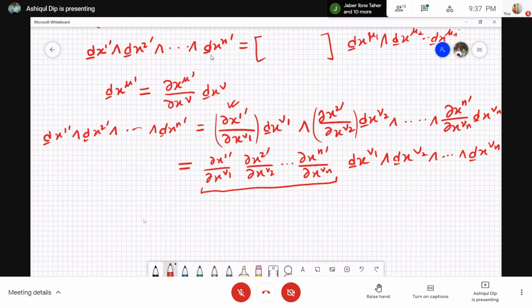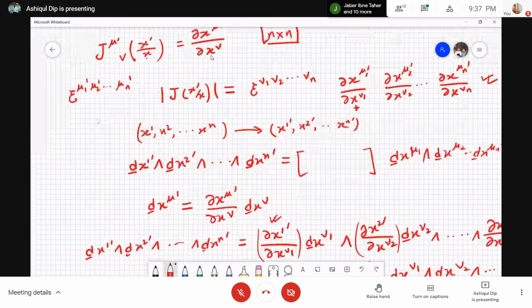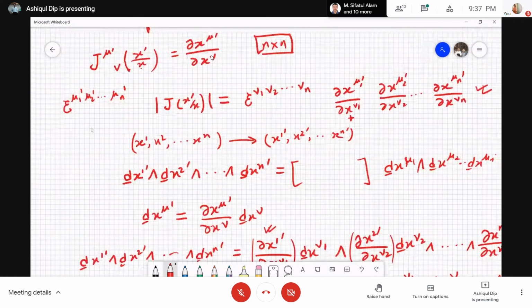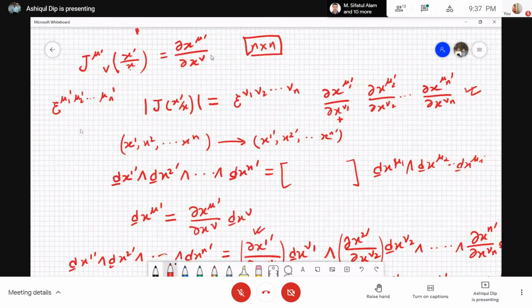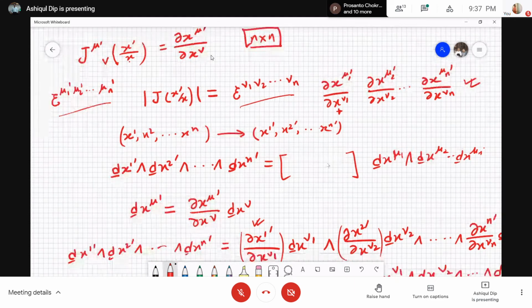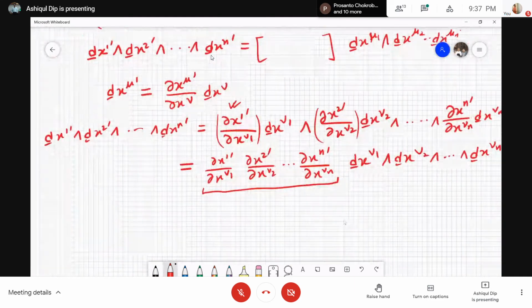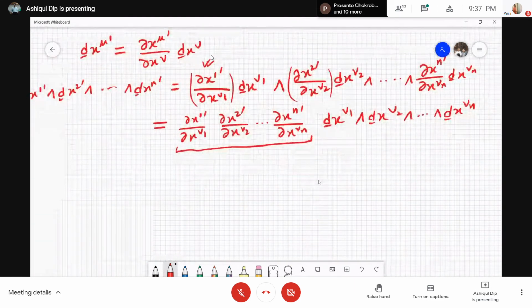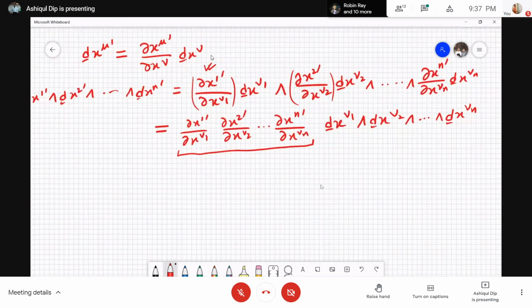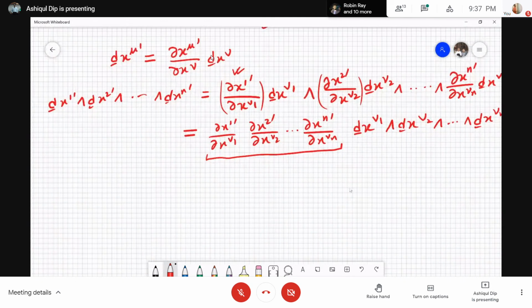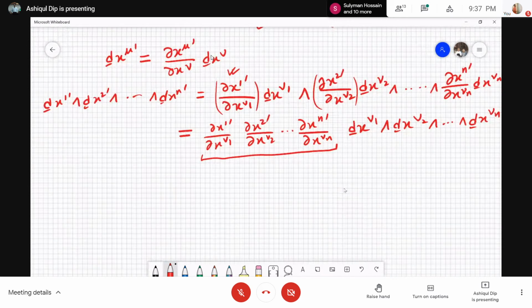So the only thing we are missing here is, if we had this thing and that thing somewhere, then we would be able to write in terms of this. So how do I introduce that there? We can multiply both sides by the permutation symbol.